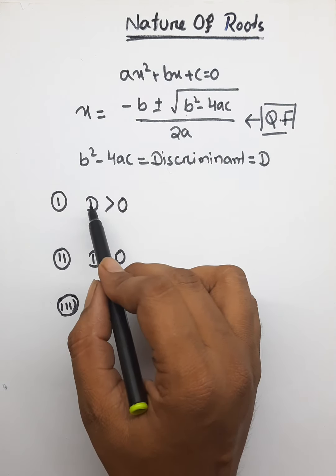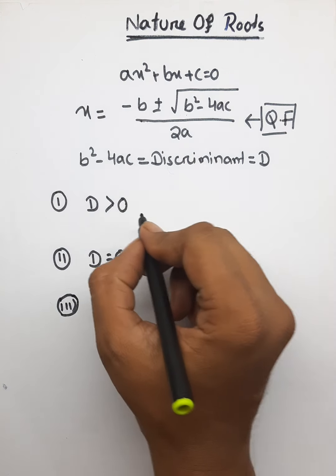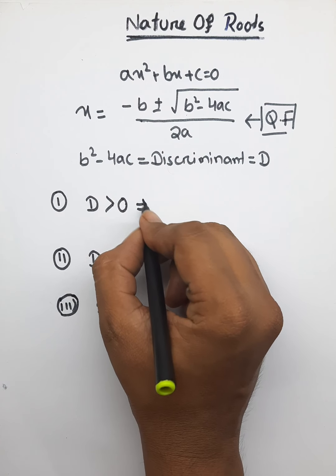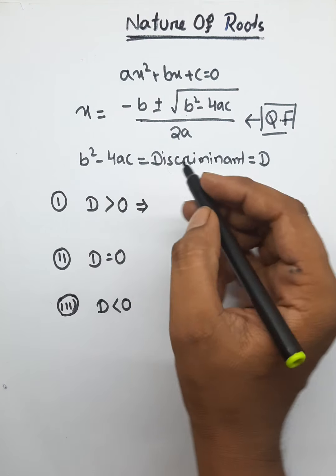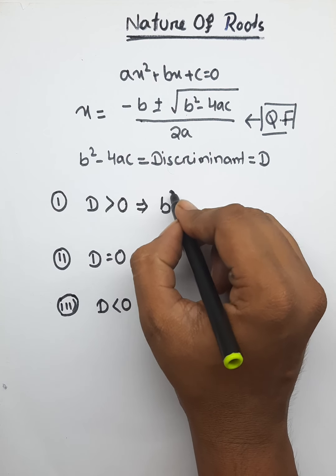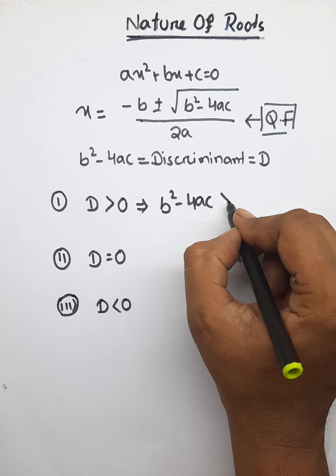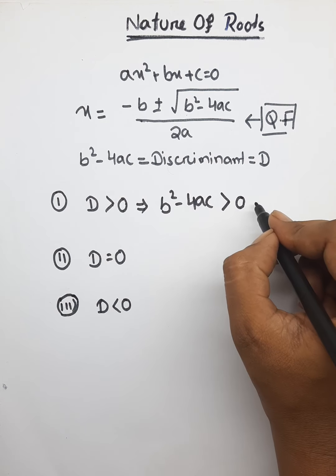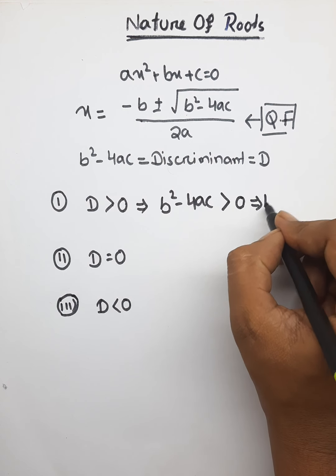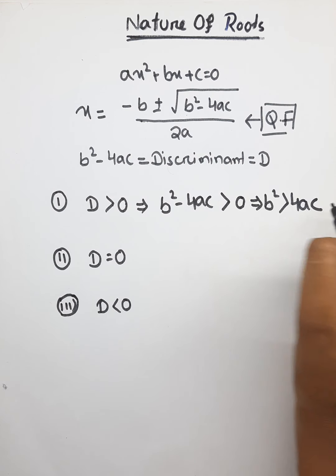If D is greater than 0, then b² - 4ac is also greater than 0, so b² is greater than 4ac.